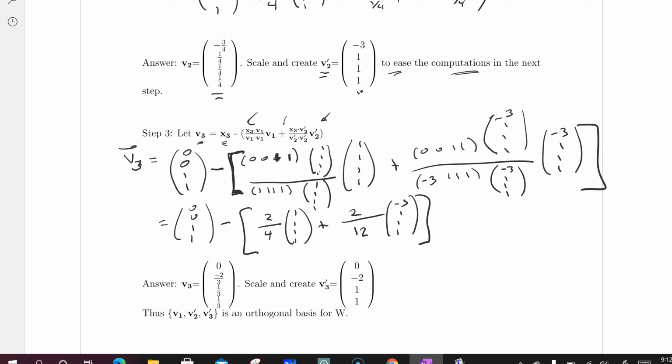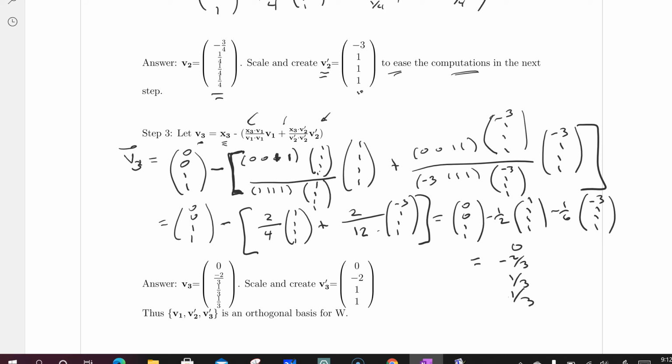Now I'm going to distribute this negative sign through. So I get a negative 1/2, and then a negative 1/6. Joining all those together, I get 0, negative 2/3, 1/3, and 1/3.